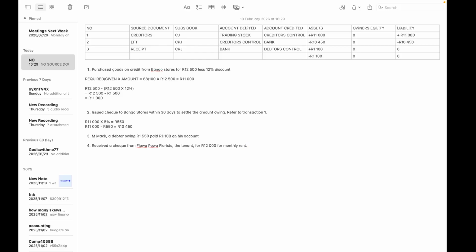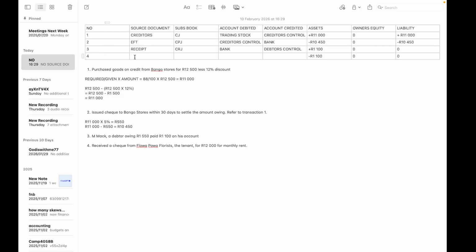So again, we received a check, so someone is paying us, right? 12,000. Who? Flower Power Florist, the tenant. So a person that is renting out our place is paying us 12,000 for rent. So we are receiving income. How do we go about this?